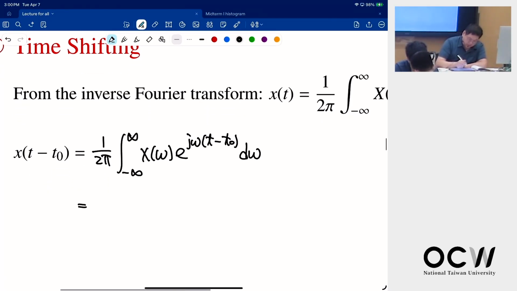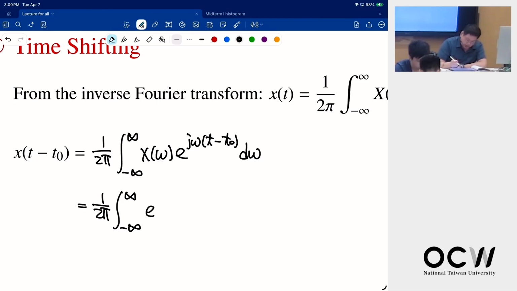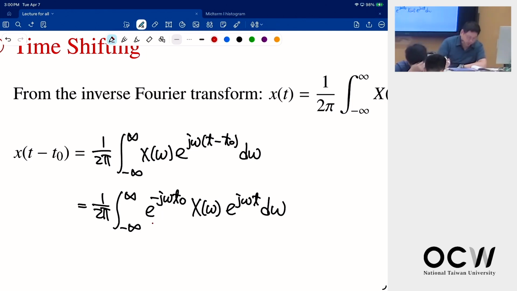So I have 1 over 2 pi, e to the minus j omega t naught, x omega, e to the j omega t d omega. Now you have a new term here.